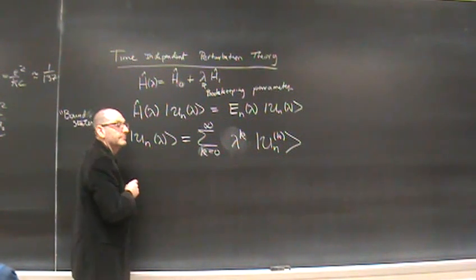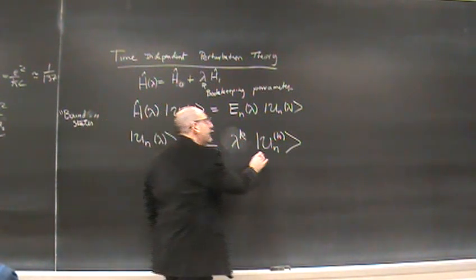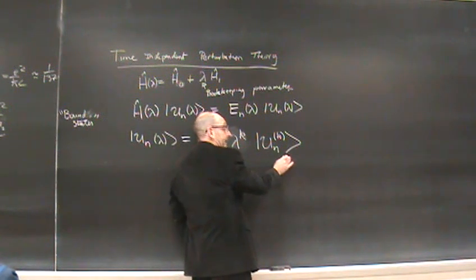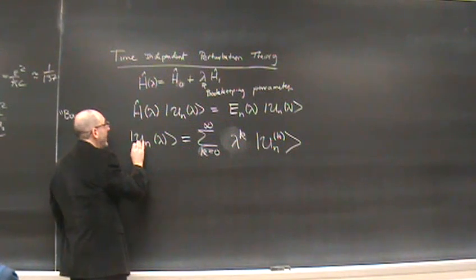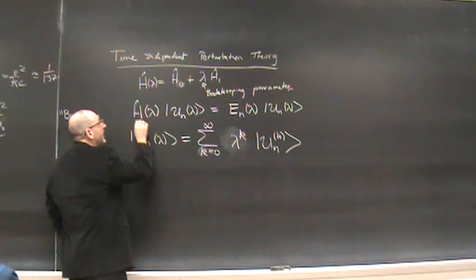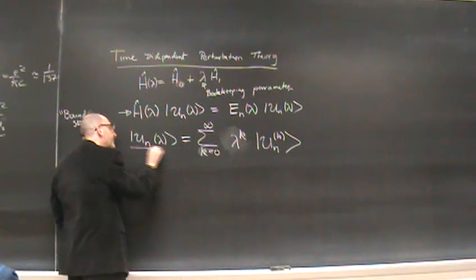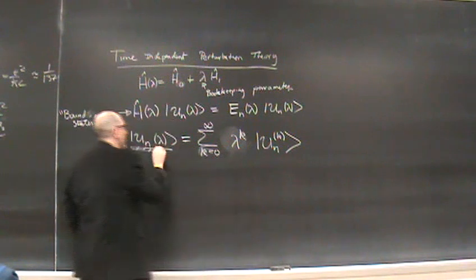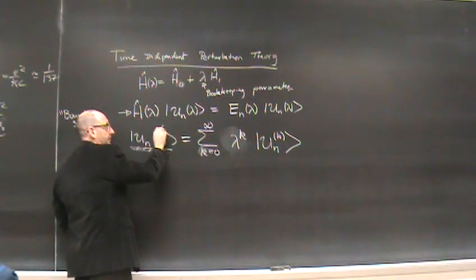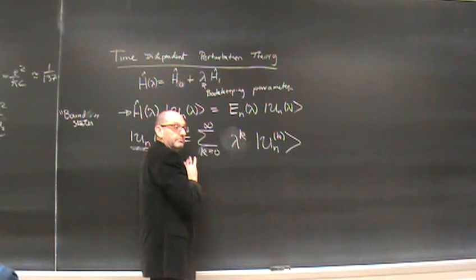Is that the basis of the original eigenstates of H0? So this is not necessarily a basis of any kind. These are the eigenstates of the full Hamiltonian. Those kets in Hilbert space, I'm saying, are continuous functions of lambda, and I can write therefore a power series solution.